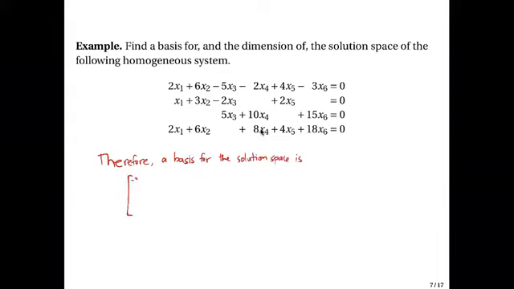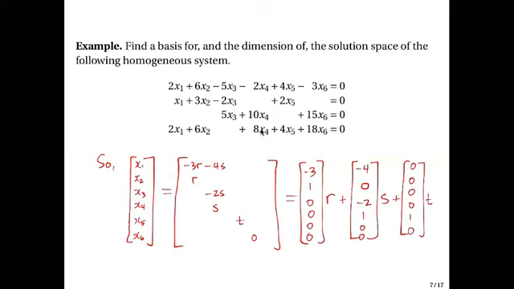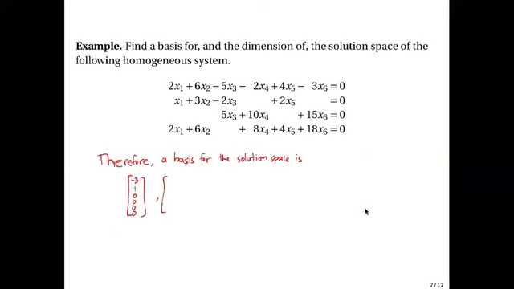You have negative 3, 1, 0, 0, 0, 0. And then you have negative 4, 0, negative 2, 1, and then 0, 0. And then the third, you have 0, 0, 0, 0, 1, 0.